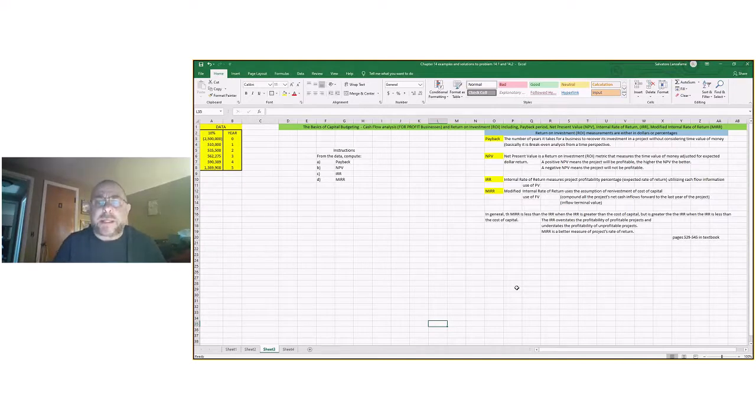Next thing, NPV, which stands for net present value, basically a return on investment metric. All of these are return on investment metrics, and NPV measures information with the time value of money taken into account.